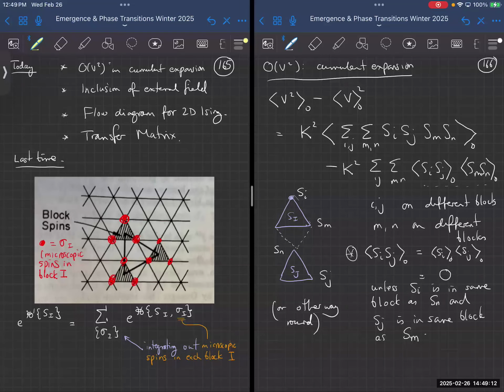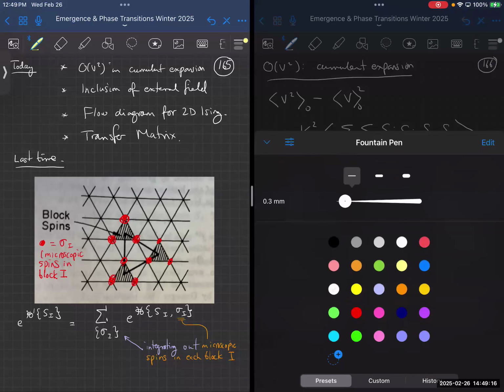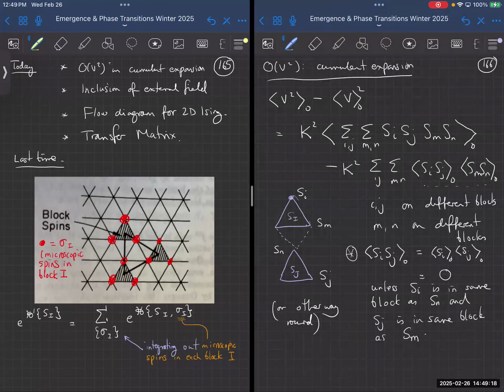So what will happen? The upshot of this is that you end up with second and third nearest neighbor block spin interactions.